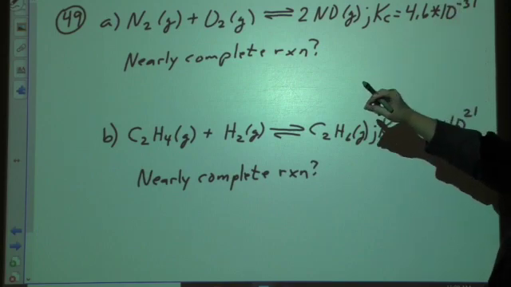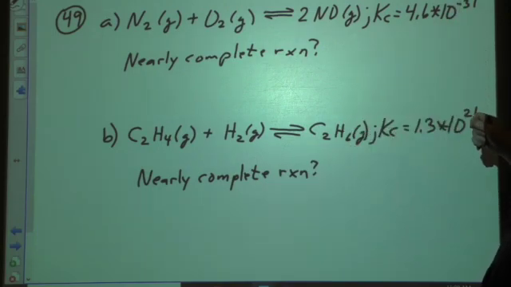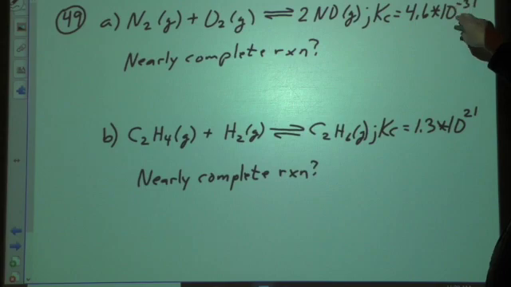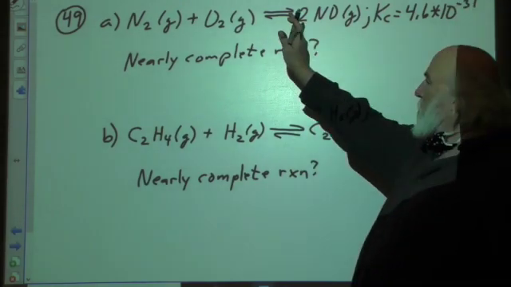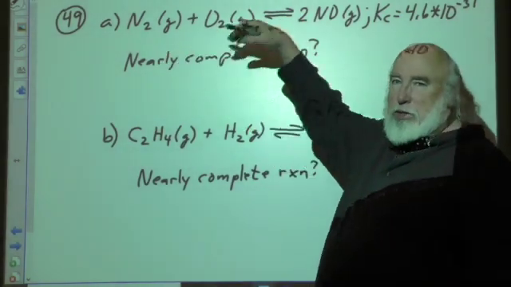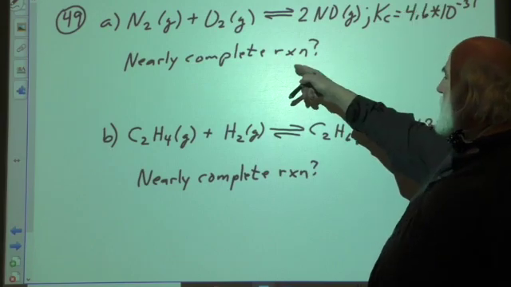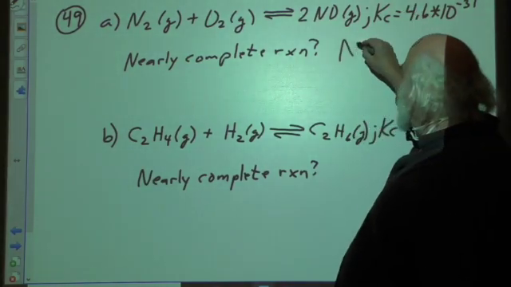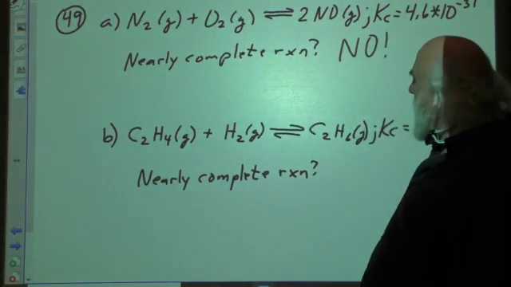That's a decimal point and 30 zeros and then a 4.6. Just a very hint of a movement to the right. The fact that it's very, very small means it's virtually all reactants and no products. So is this nearly a complete reaction? Heck no. Not even close.